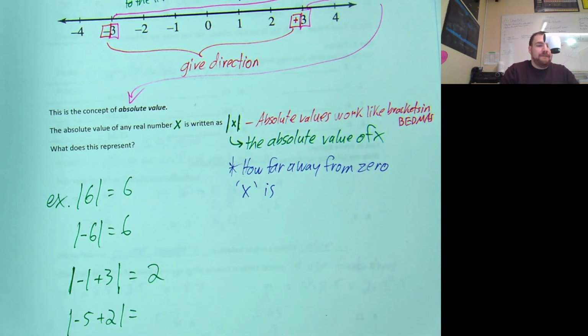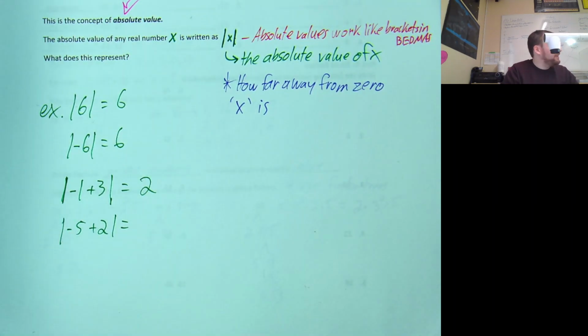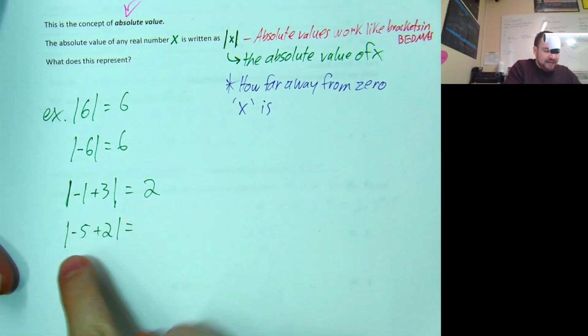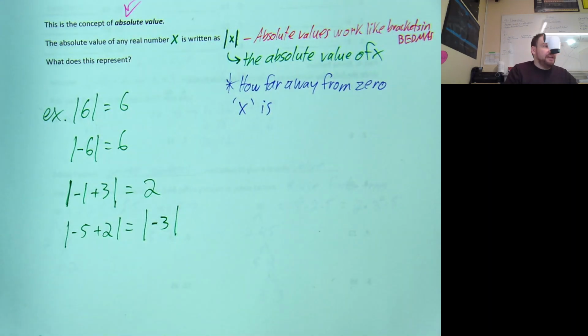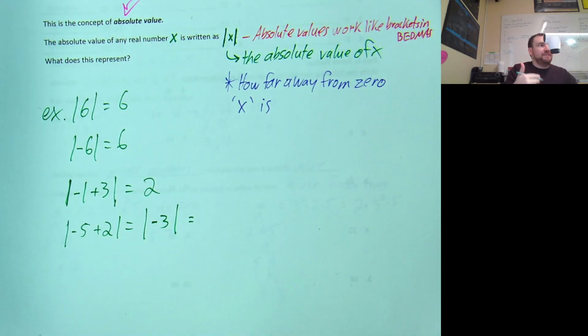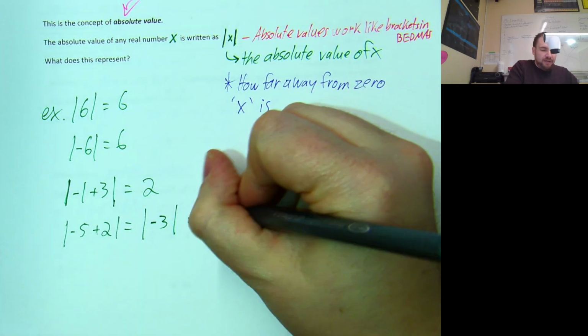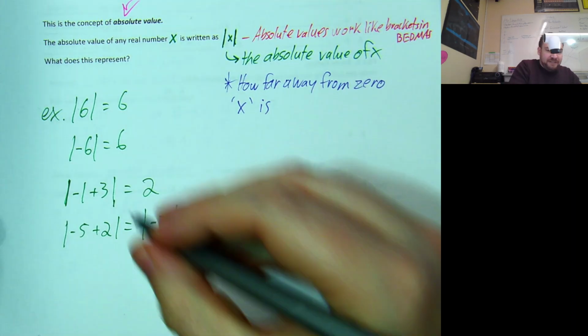How would I do that? Negative 5 plus 2 is? Okay, so if we're going to stage it, I'd write negative 5 plus 2, that's negative 3, and the absolute value bars stay on the outside because we haven't used them yet. Then the absolute value of negative 3 is 3. So here's how we would show our steps. What if I have something like this?